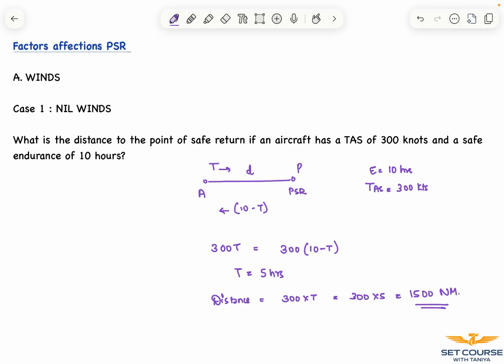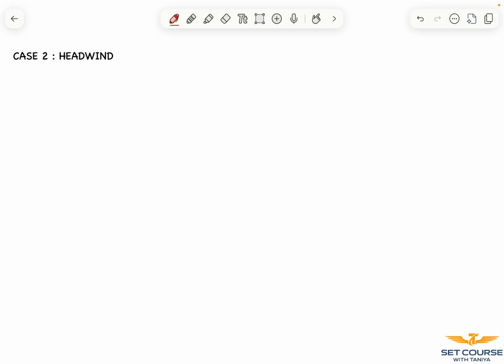How about if in the same question we add some winds? Let's consider that we have a headwind of 50 knots and all the data remains the same. That is, our TAS is 300 knots and our endurance is 10 hours.